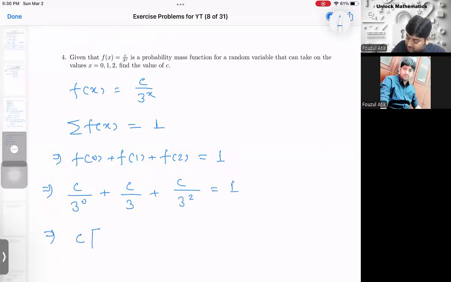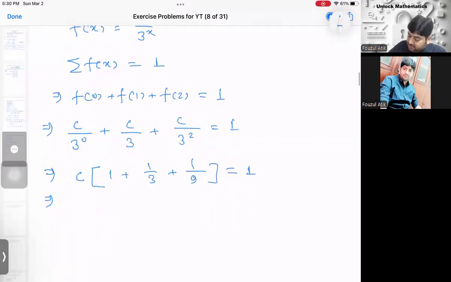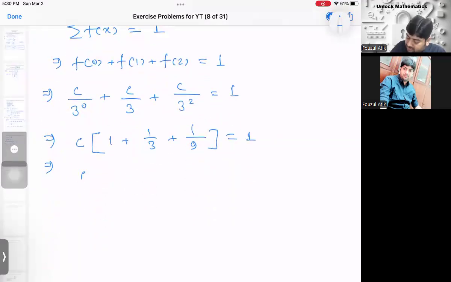Now you just simplify it. You'll get c into 1 plus 1 by 3 plus 1 by 9 is equal to 1. And this gives you c into, with denominator 9, 9 plus 3 plus 1 is equal to 1.